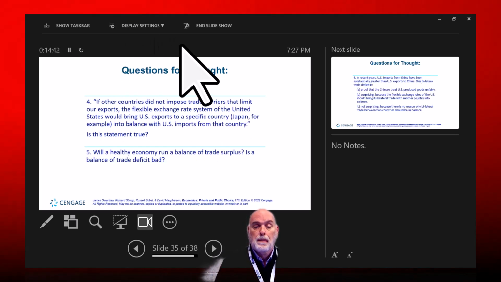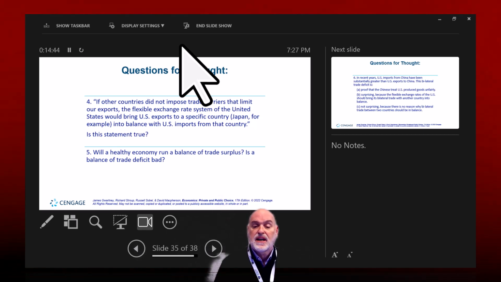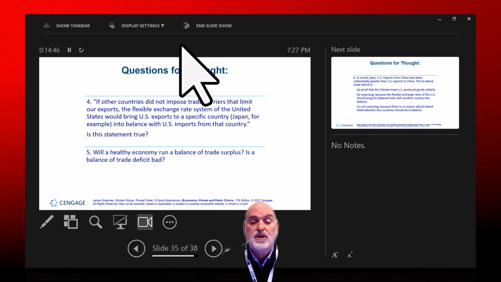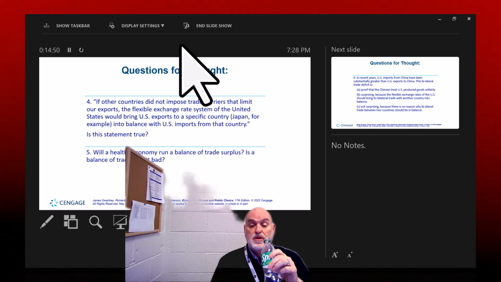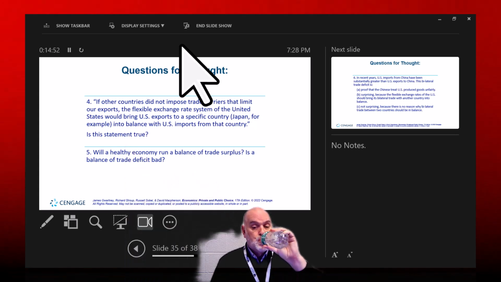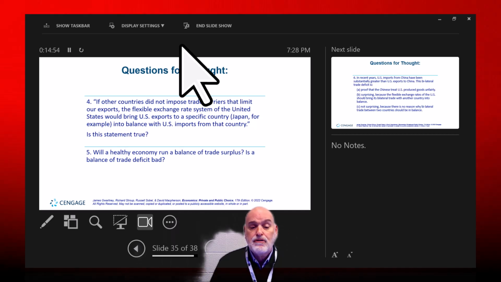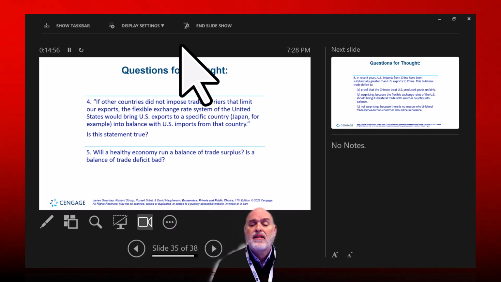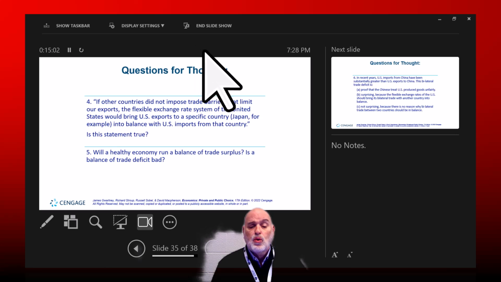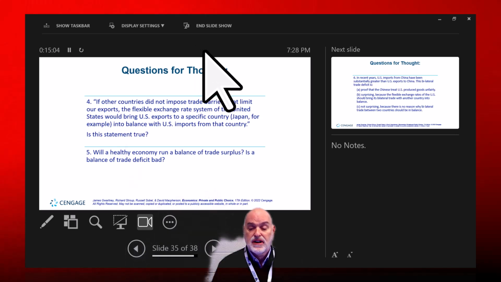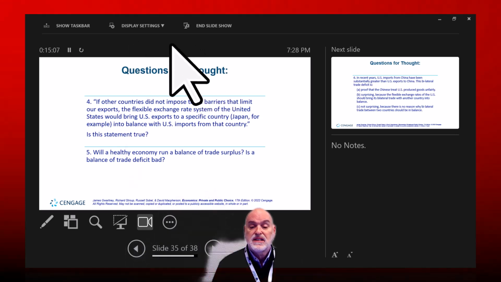Number 4, if other countries did not impose trade barriers that limit our exports, the flexible exchange rate system in the United States would bring U.S. exports to a specific country, Japan for example, into balance with U.S. imports from that country. Is this statement true? And number 5, will a healthy economy run a balance of trade surplus? Is a balance of trade deficit bad?